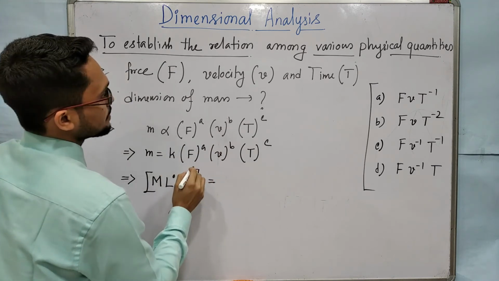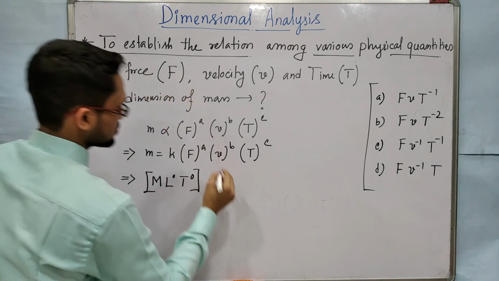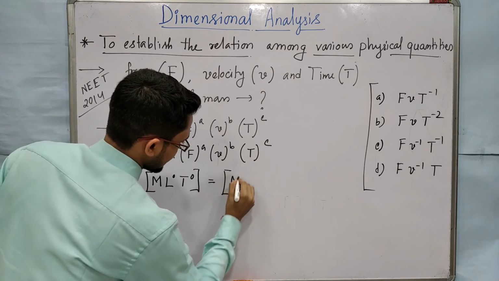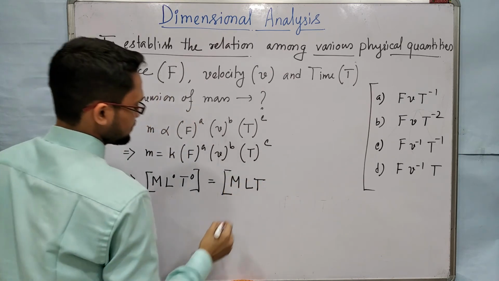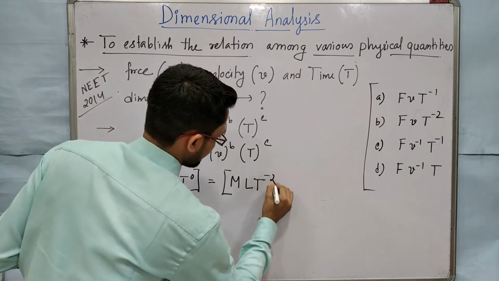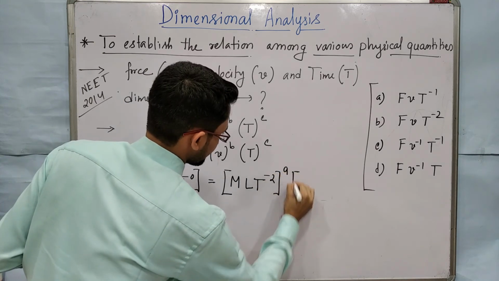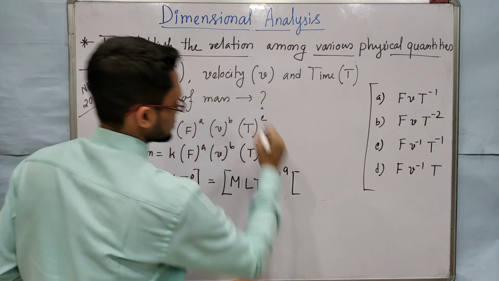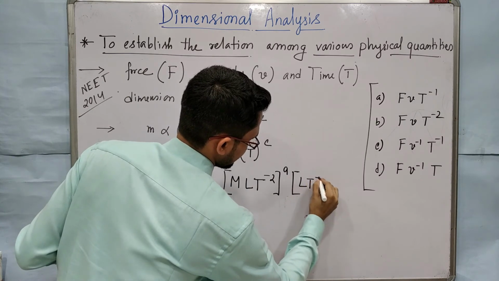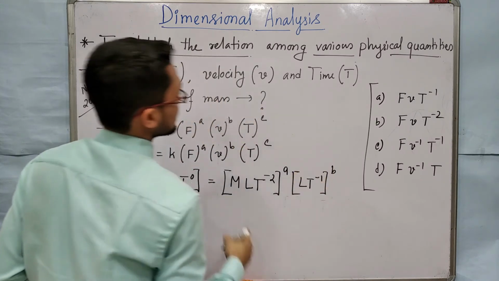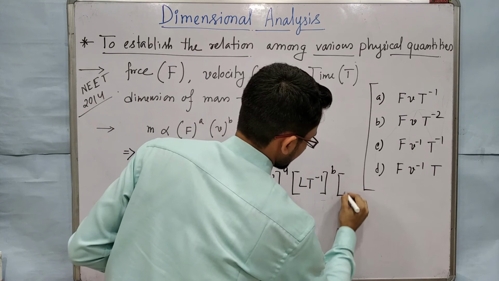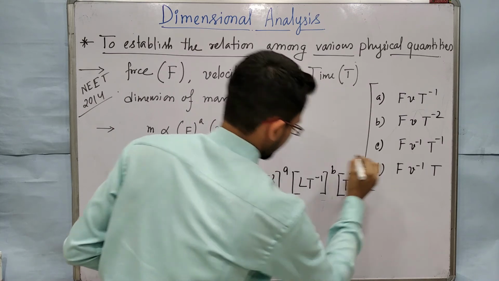Then F is what? Force. So force means M, L, T to the power minus 2 whole to the power A. Then V, velocity, that means L, T minus 1 to the power B. Then T, time, so T to the power C.